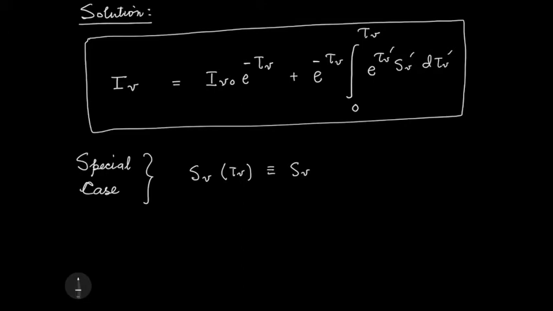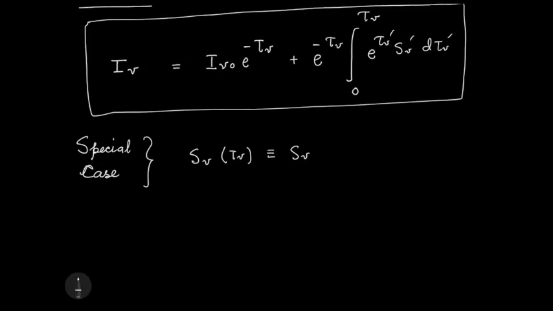It's basically constant. So I could have written S nu 0 here, but I'm not writing. So it's a constant essentially. So if it's a constant, it can come out of the integral. And then you can do the integral because the integral is just over tau nu.